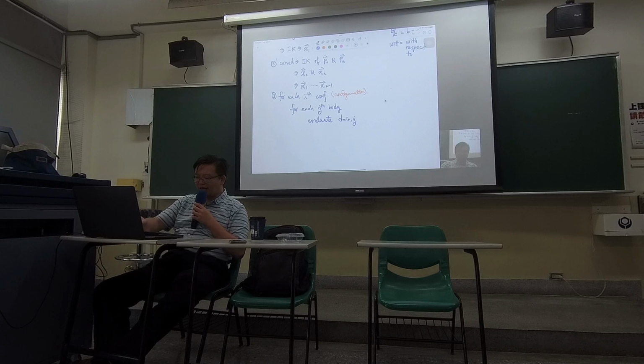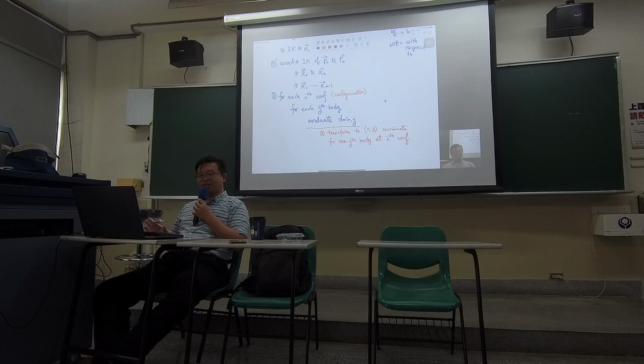So what's inside this, there are smaller steps. Let's say you are focusing on the jth body part, so you need to transform your calculation to the R and L coordinate for the jth body at the ith configuration.